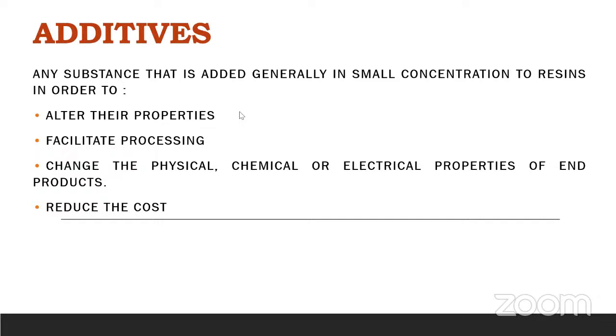In this way we can alter the properties of your polymer. The second purpose is to facilitate processing. Additives can help the material flow better during manufacturing or prevent it from sticking to different machinery.